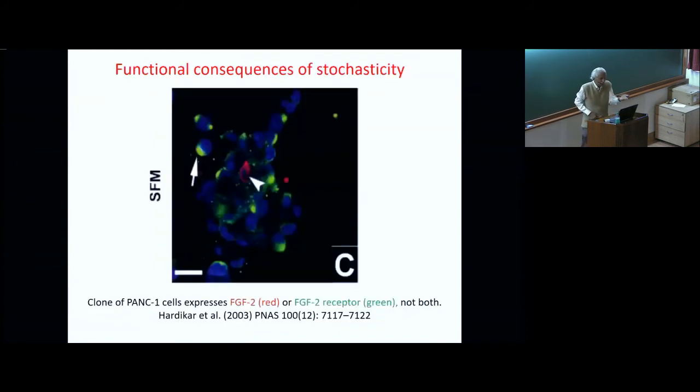And indeed it does. There's a nice example from a paper of Hardicker's where the same kind of thing, the colors mean the same thing that they did last time, except that the red and green colors here have functional consequences. And it turns out that the ones that are colored red make a receptor. The ones that are colored green make a molecule which binds to the receptor.